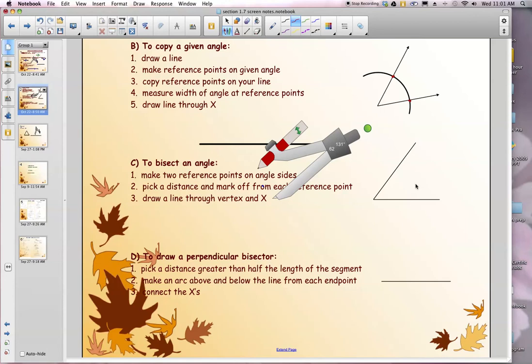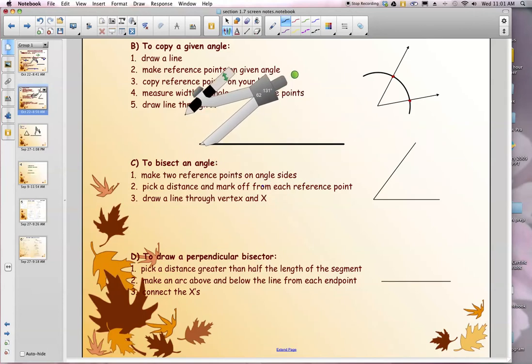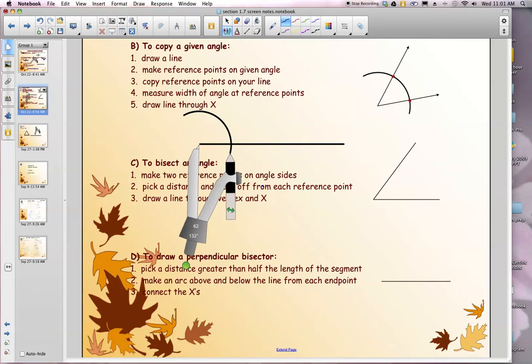Now you need to create that same set of reference points down here. Your vertex of your angle is the end point of your segment. So bring your compass over, and then you're going to create that same arc.